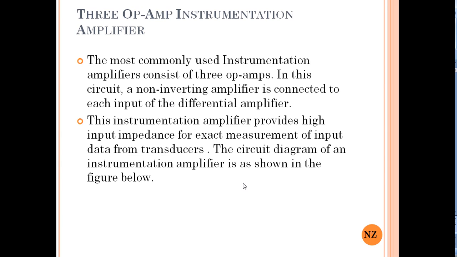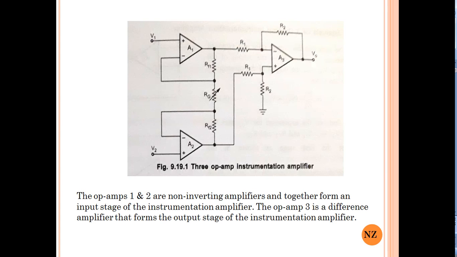This instrumentation amplifier provides very high input impedance for exact measurement of the input coming from the transducer. As you can see here, you have amplifier A1, a non-inverting amplifier whose output is given as one of the inputs to the difference amplifier, and you have the second amplifier A2 whose output is given as the input to the differential amplifier.